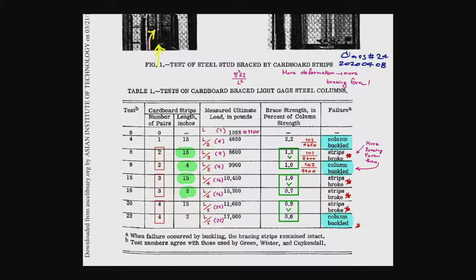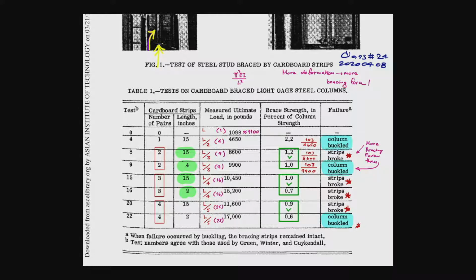The different stiffness of the brace affects the load carrying capacity of the column, and the number of braces provided changes the effective length of the column, which also changes the ultimate load carrying capacity of the test column.